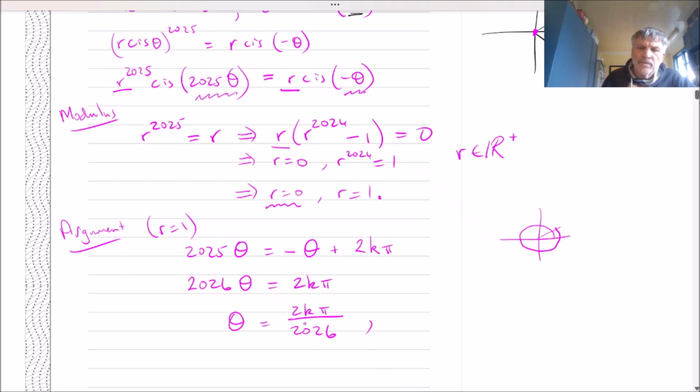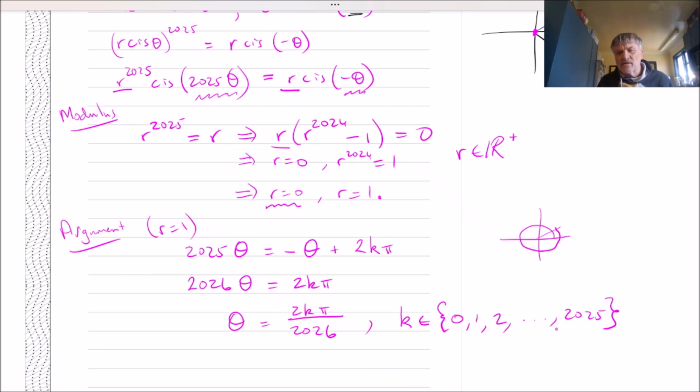and we can see that we want to put in various values of k, and all the way up to 2026 we'll get different solutions. When we get to 2026 divided by 2026 is going to cancel, so we'll be left with 2 pi. That's the full circle. That's the same as 0. So this gives us a unique solution for any k in the range 0, 1, 2, all the way up to 2025. We start repeating at 2026. You can actually use different values in here.